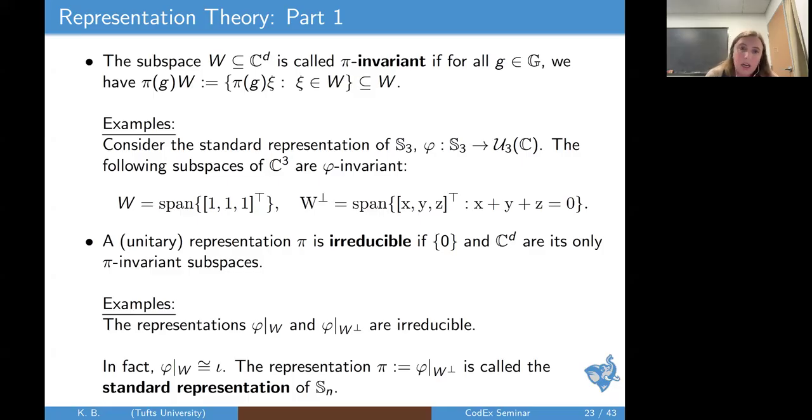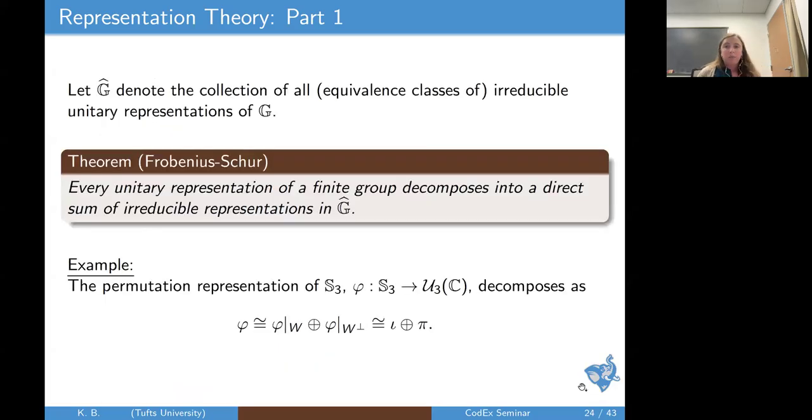It actually turns out that if we restrict our permutation representation to the space W, then we just get the trivial representation. And if we restrict our permutation representation to W perp, then we get a special representation called the standard representation of Sn, and we'll see that appear in a moment.